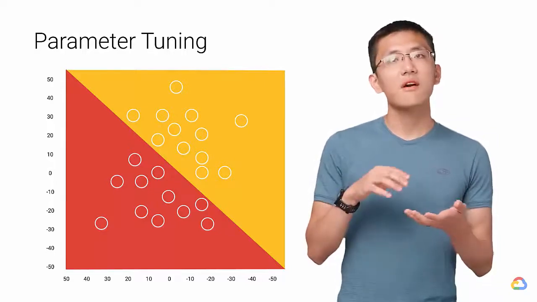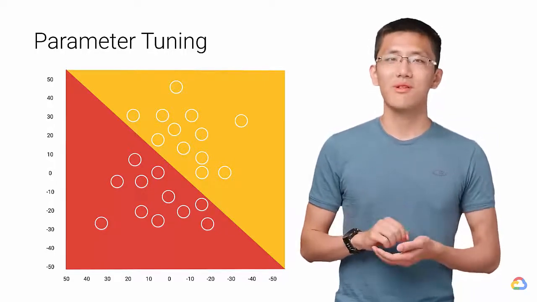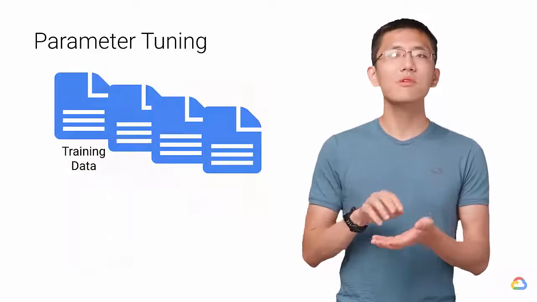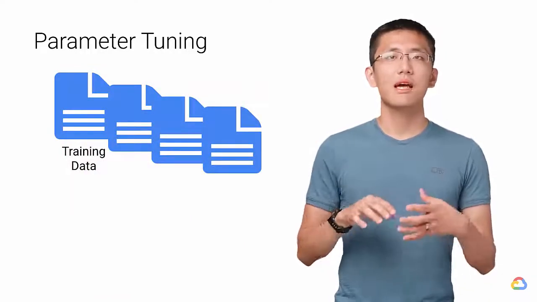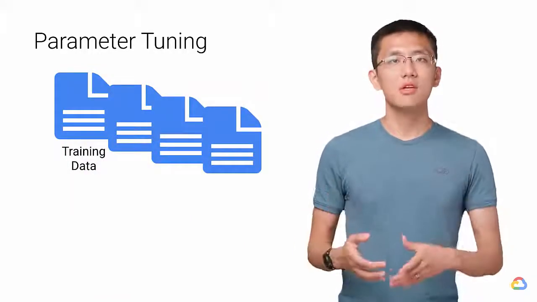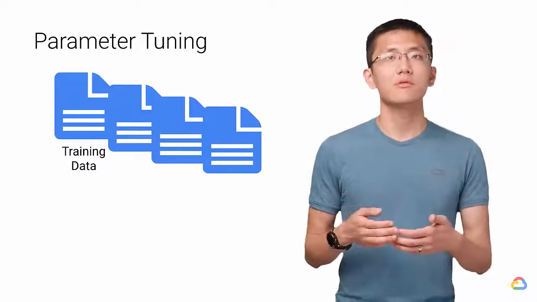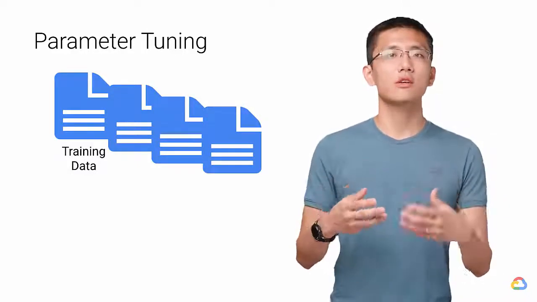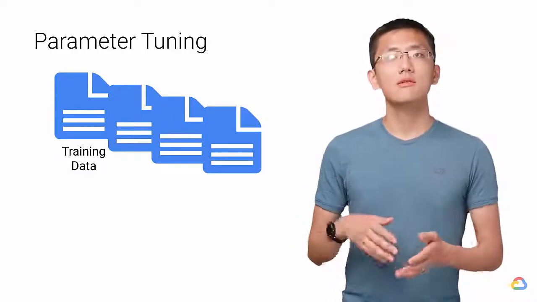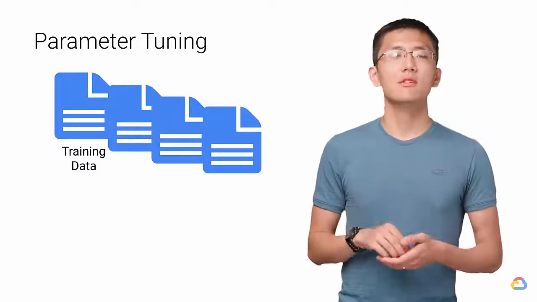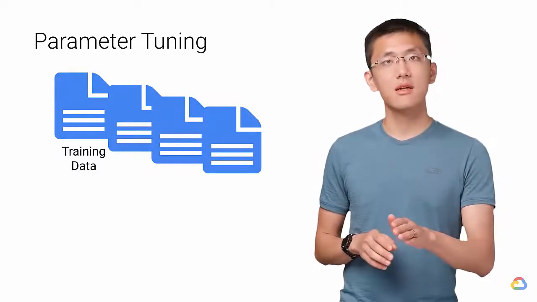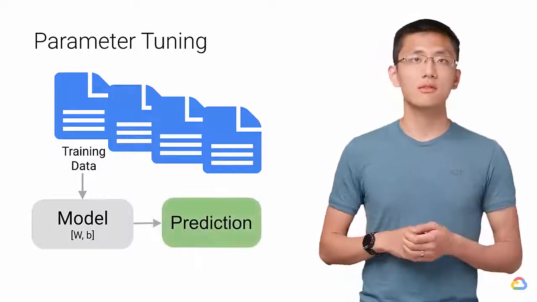Otherwise, we might find ourselves tweaking parameters for a very long time. Now, these parameters are typically referred to as hyperparameters. The adjustment or tuning of these hyperparameters still remains a bit more of an art than a science, and it's an experimental process that heavily depends on the specifics of your dataset, model, and training process.